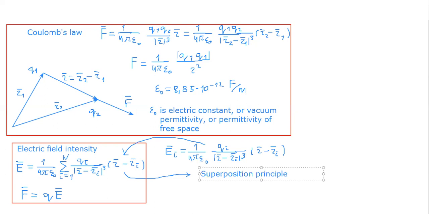According to this principle, electric field intensity can be calculated as a sum from 1 to n of the electric field intensities that are parts of the whole electric field. This is the superposition principle.